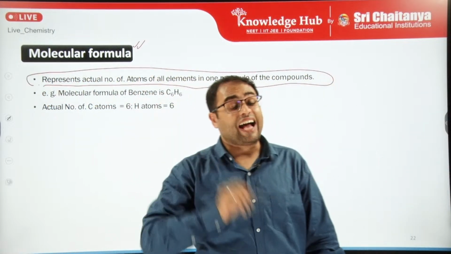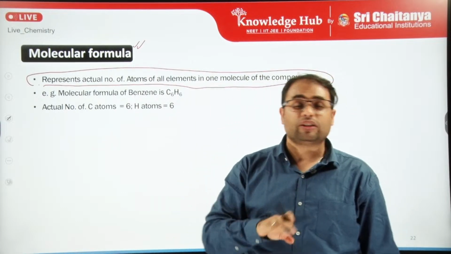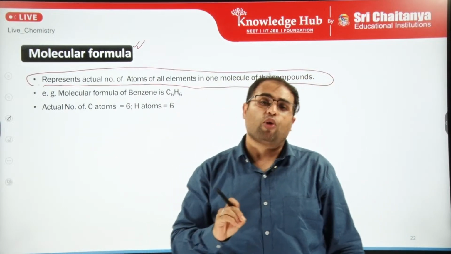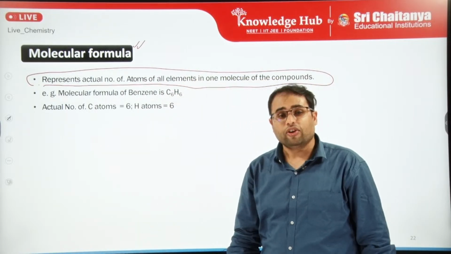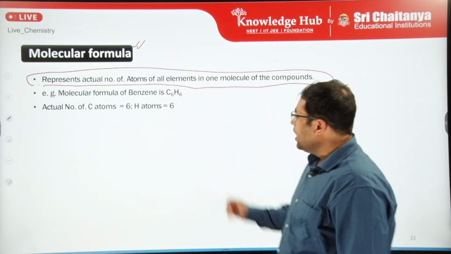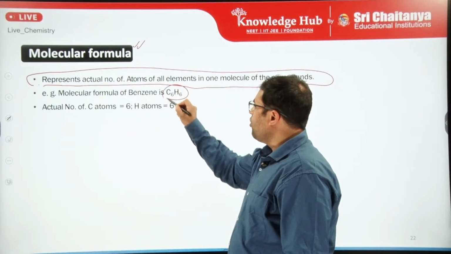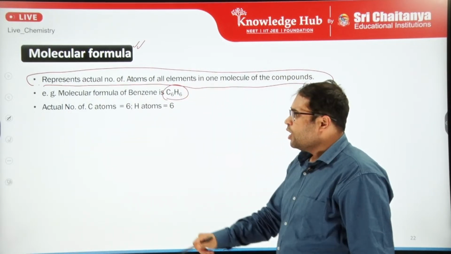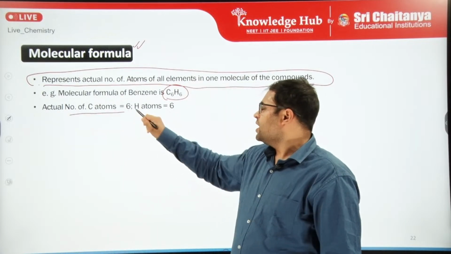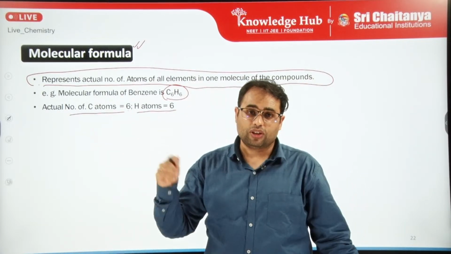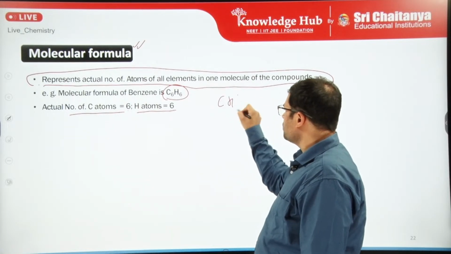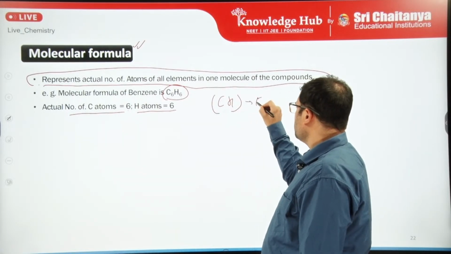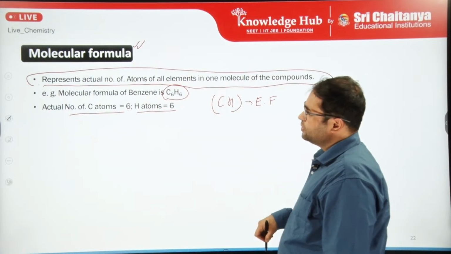It represents the actual formula, the reality. Empirical formula is our imagination, but molecular formula is the reality, right? Like this example, the molecular formula of benzene is C6H6, where the actual number of carbon atoms is 6 and H atoms is also 6. What was the empirical formula? Divided by 6, CH. This was your empirical formula, right?